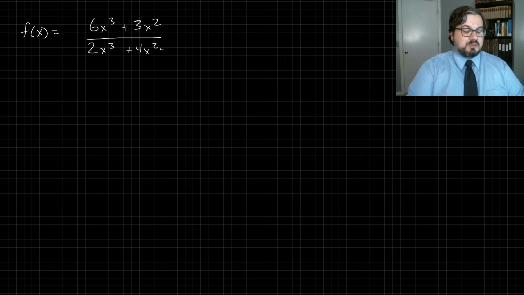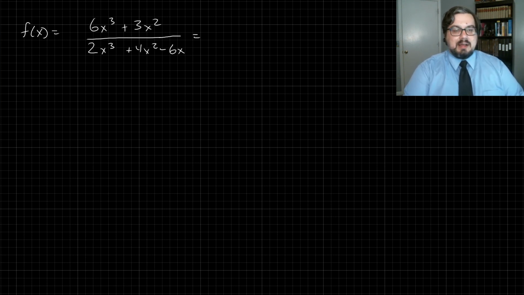Let's do another example. Let's look at f of x equals 6x cubed plus 3x squared over 2x cubed plus 4x squared minus 6x. Now here we can factor, and out of the top we can factor a 3x squared, be left with 2x plus 1.